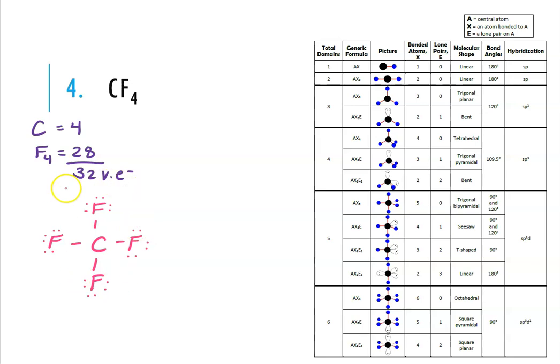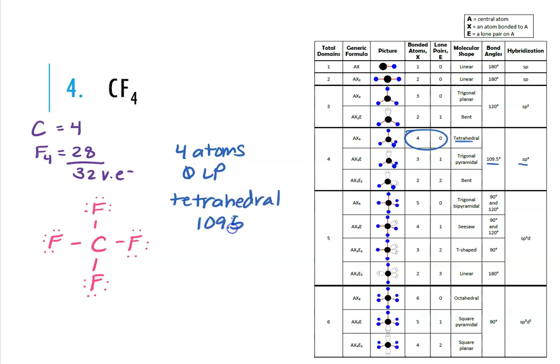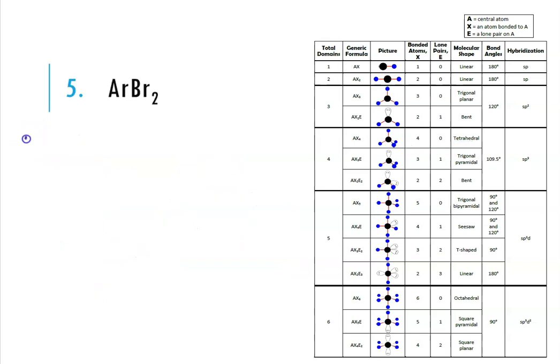So I've used all 32, so nothing goes on the central atom. So I have 4 atoms, and again, 0 lone pair. So that combination is tetrahedral, 109.5, and sp3.